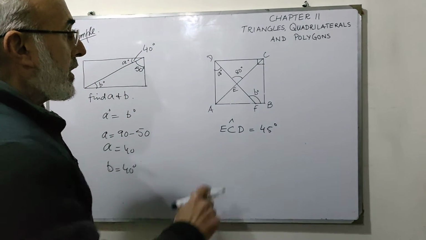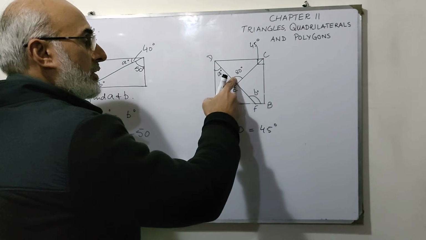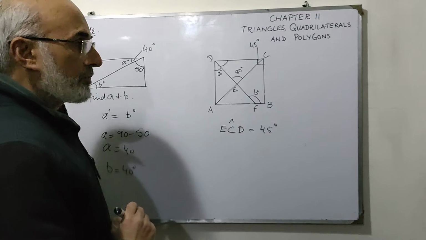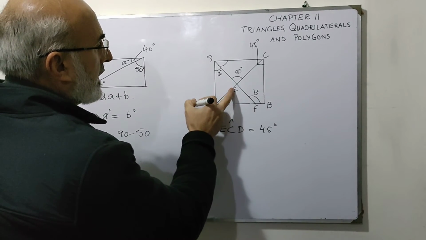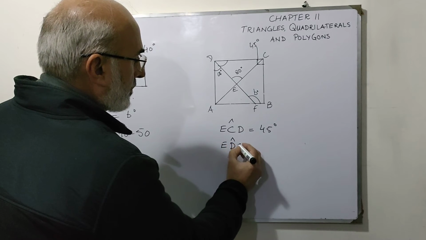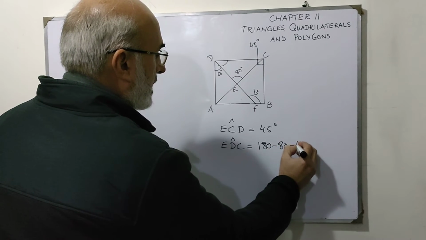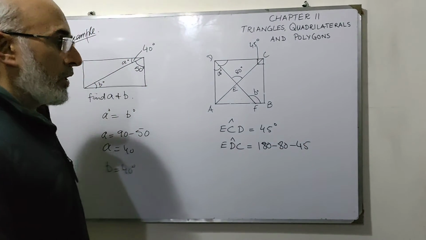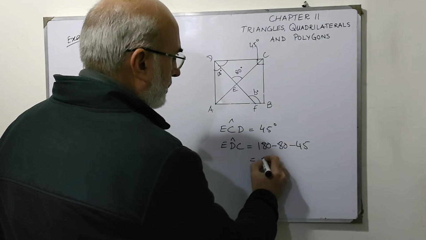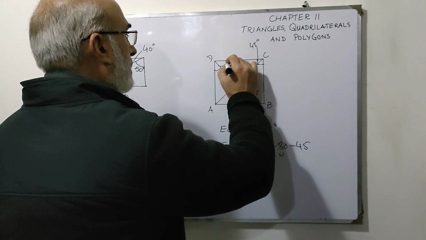Okay. Now if this is 45, this is 80, and we need to know what is this. So this is angle EDC. (180 minus 80 minus 45). Okay. So this is equal to 55. So this is 55 degrees.